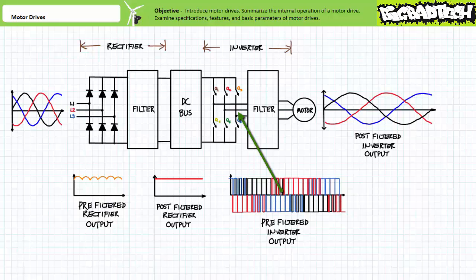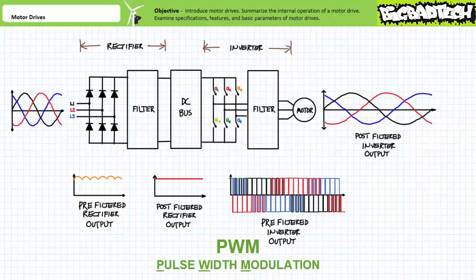The result is a type of pulsed output. When the filtration circuit smooths out the pulsed output, we are left with something mimicking three-phase AC, only this time frequency and magnitude are variable. This type of inversion process is known as pulse width modulation, sometimes commonly referred to using its abbreviation, PWM.